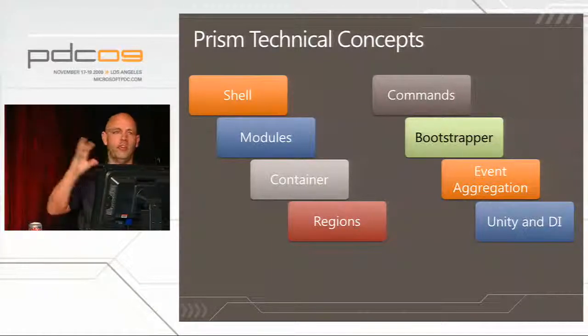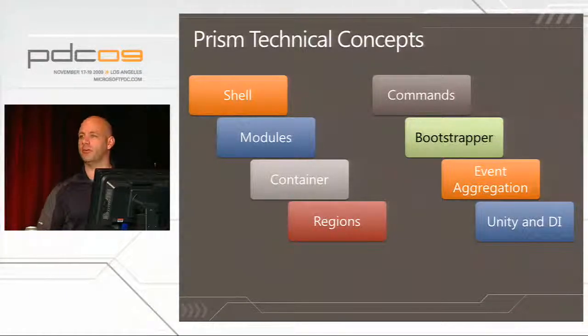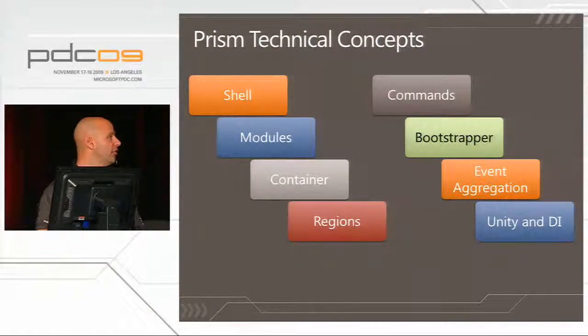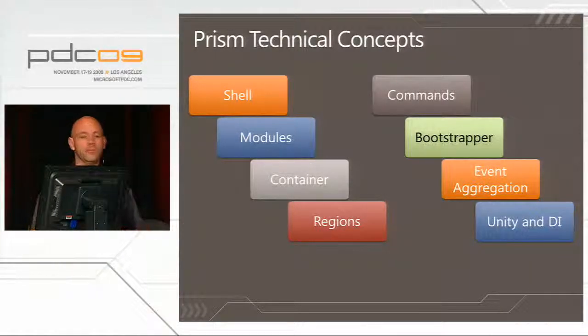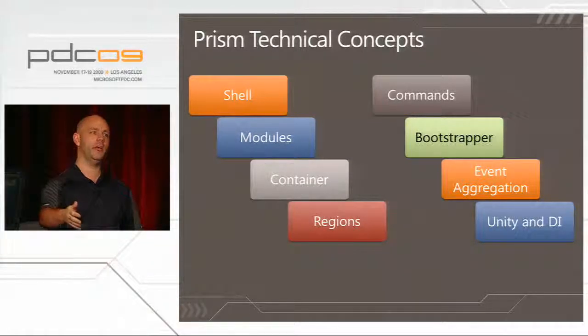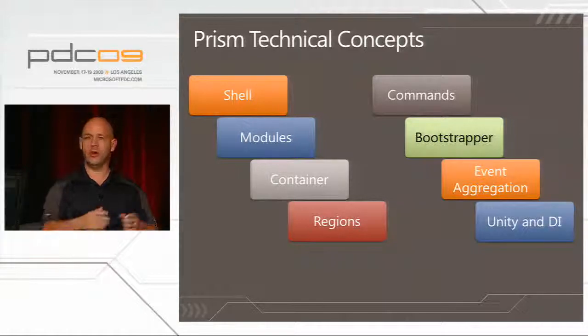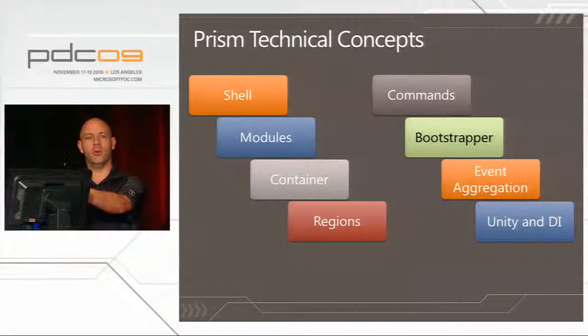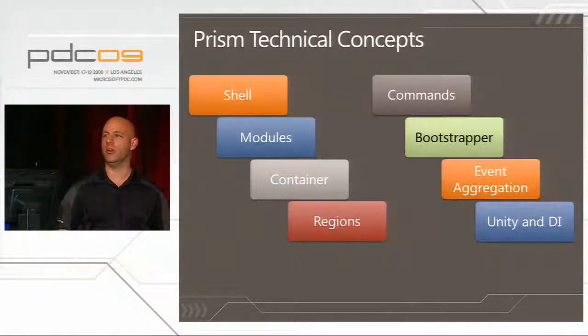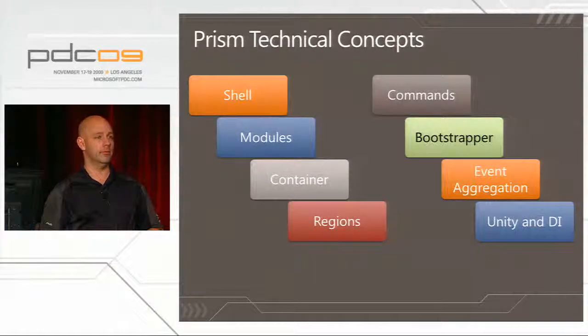So it allows us to do that, and inside that shell, there's something called regions. Regions are areas in the shell where you can pop things in and out. You can have one region, a very simple region style, or you can create many on the screen. You can create modules. What if you want to create an application where this side of the room is going to create an application that's going to integrate with this side of the room's application, but they write them completely in separate rooms and they never talk to each other until they're done?